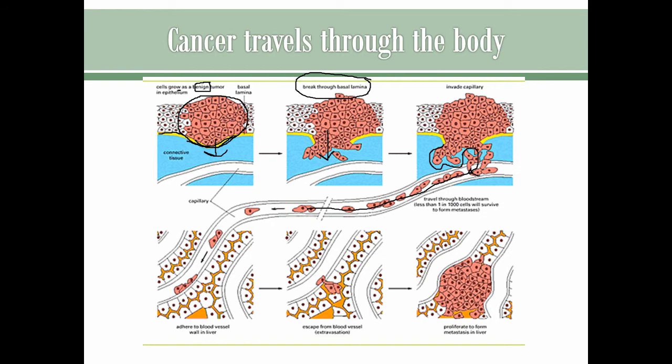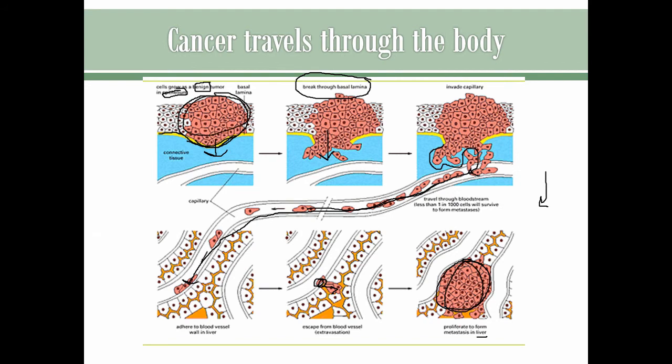Let's say this tumor started in the skin, and it breaks through to the bloodstream and moves to the liver, where one of the cells gets stopped. It breaks through into the liver tissue and starts forming a tumor in the liver tissue as well. So this type of cancer would be metastasized. It has moved. Basically, these are skin cells.